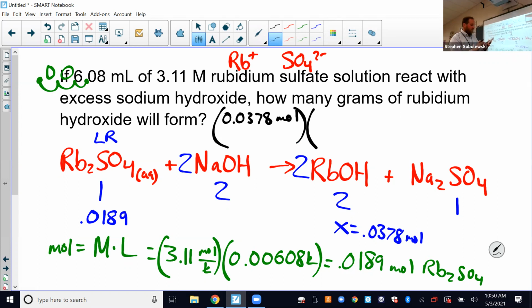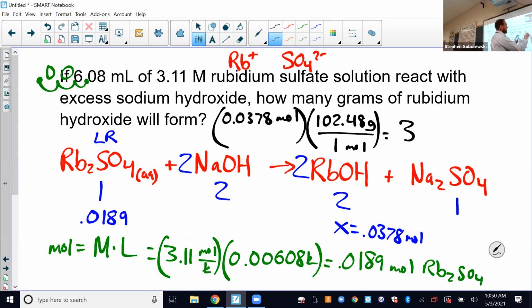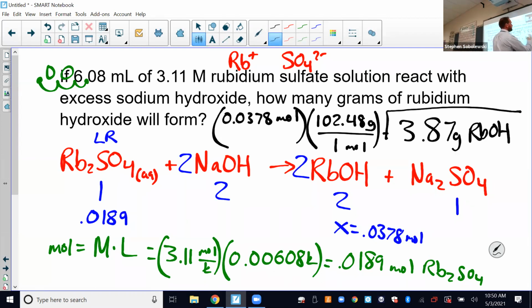So rubidium is 85.47 plus 1 oxygen plus 1 hydrogen, 102.48 grams over 1 mole times 0.0378. And with 3 sig figs, my final answer, 3.87 grams of RbOH.